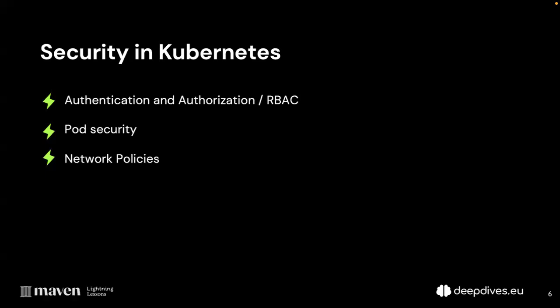Finally, from the security point of view, network security. Networking in general is going to be next, but not all of our traffic that happens on the Kubernetes cluster goes over the actual physical network.